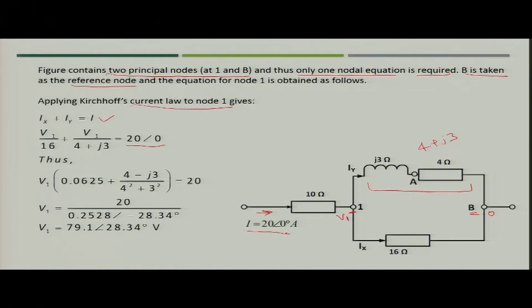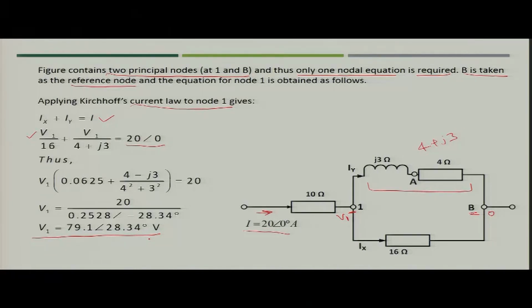So, now what you have to do? You have to just simply solve it, because here you have only one unknown and you have got one equation to solve it. You simply take V1 out and solve it. You will get the value of V1 as 79.1 with angle 28.34 degree.